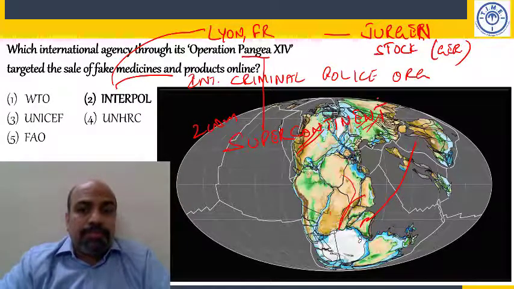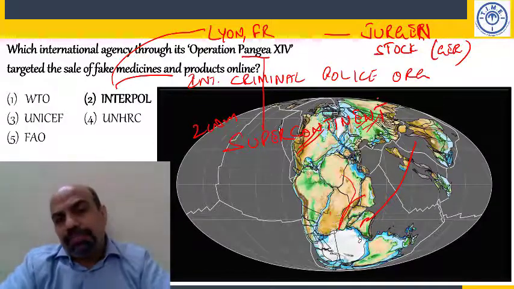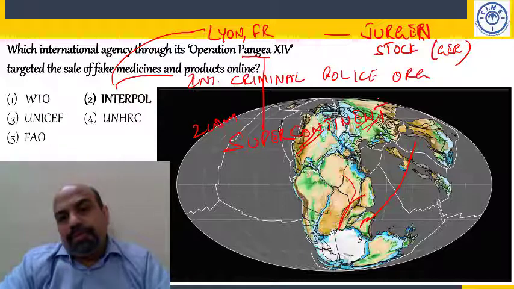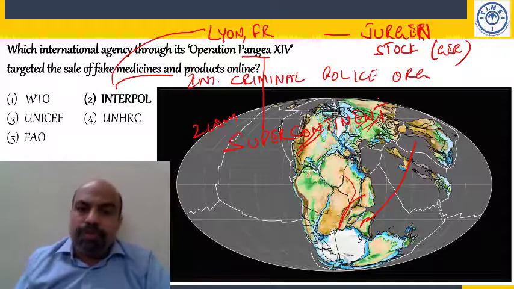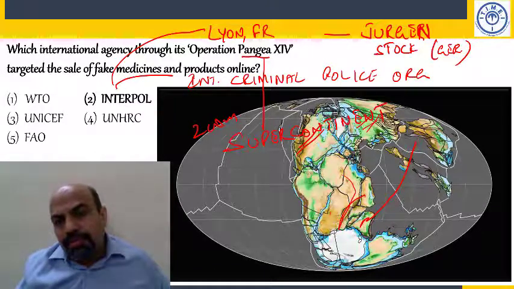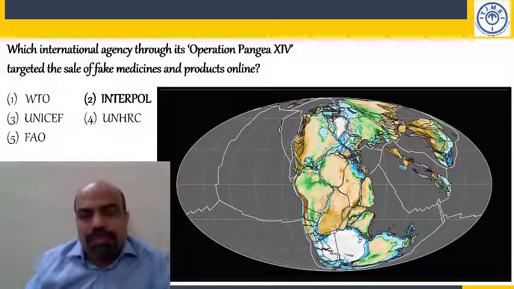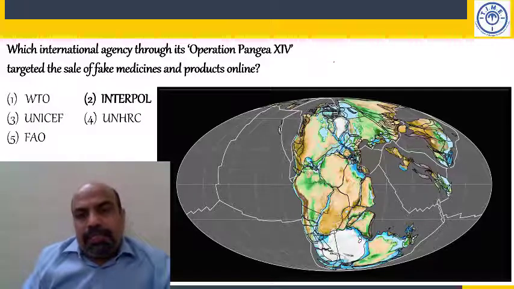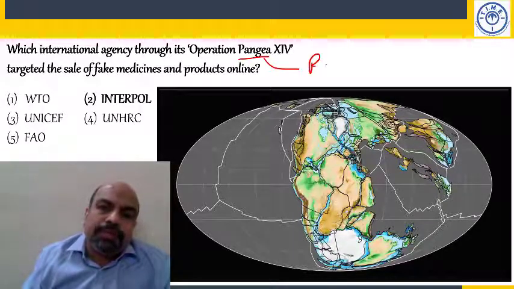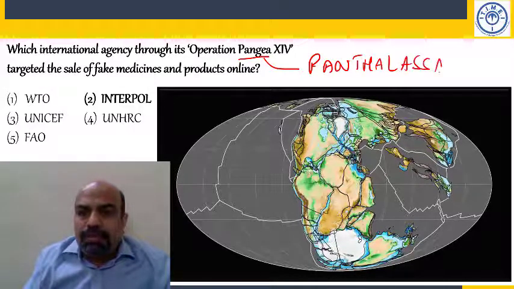Okay, so you could write Pangaea, a supercontinent, dash, fused of all continents. Pangaea was surrounded by Panthalassa, this one.